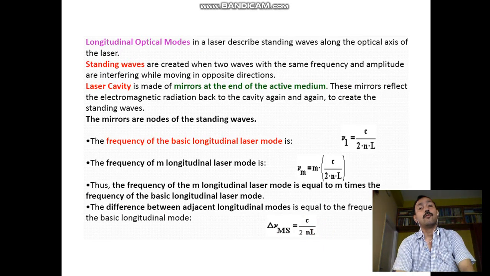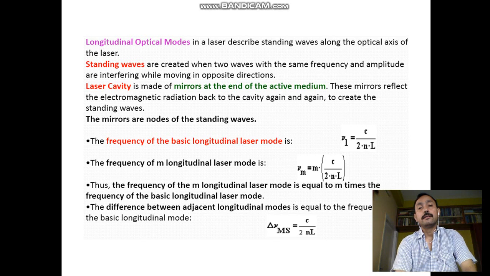Longitudinal optical modes in a laser describe standing waves along the optical axis of the laser. Standing waves are created when two waves with the same frequency and amplitude interfere while moving in opposite directions.